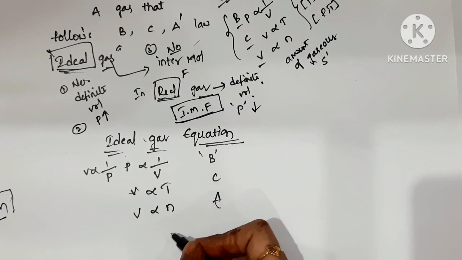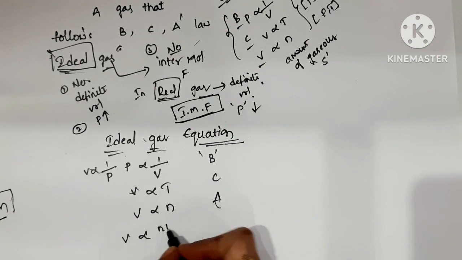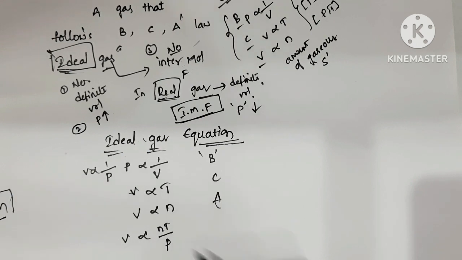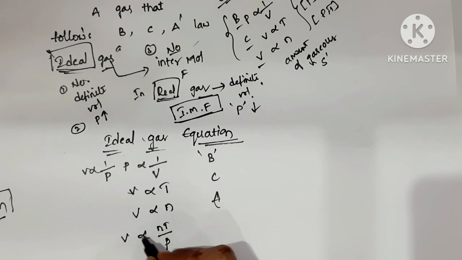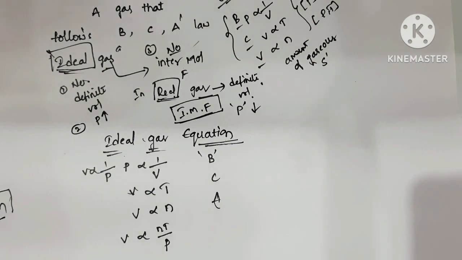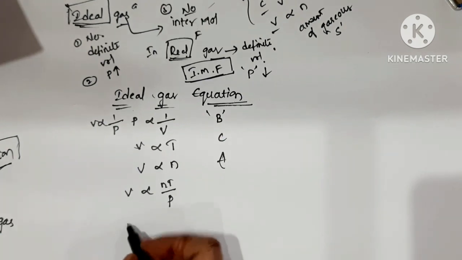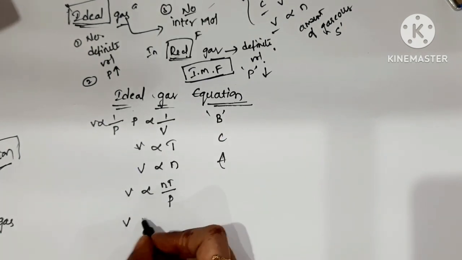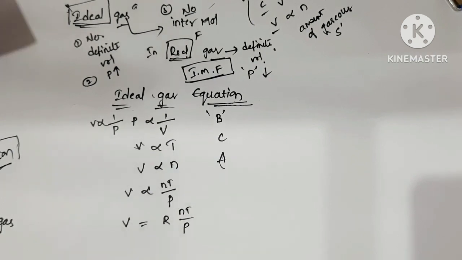So from all these relations, we write V is directly proportional to nT by P. Volume is proportional to nT by P. That means we have to remove the proportionality, so we apply a constant R: V = RnT by P. R is called the proportionality constant.